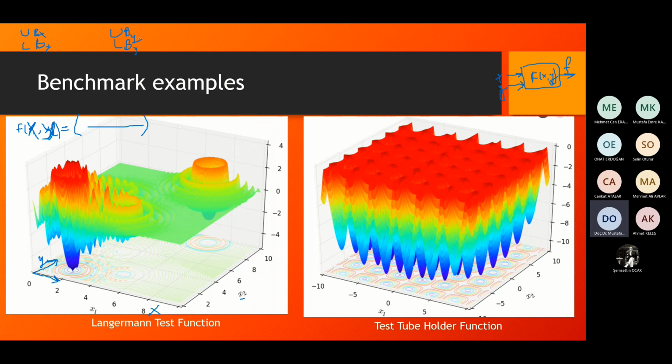Let's say at the beginning, the upper boundary for x is 10 and the lower boundary is 0. The upper boundary of y is 10 and the lower boundary is 0.